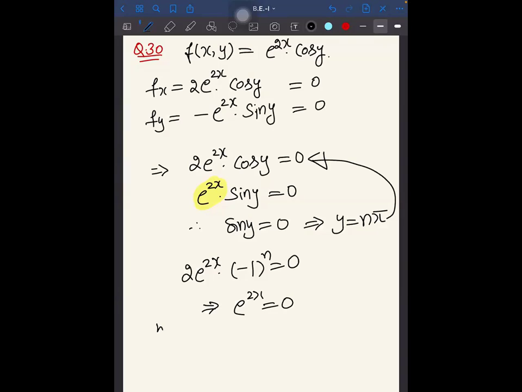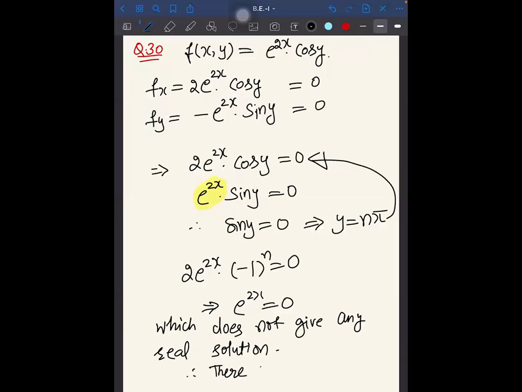Which doesn't give any real solution. Therefore, there are no critical points. Is it okay? Yes, sir. So that's it for today.